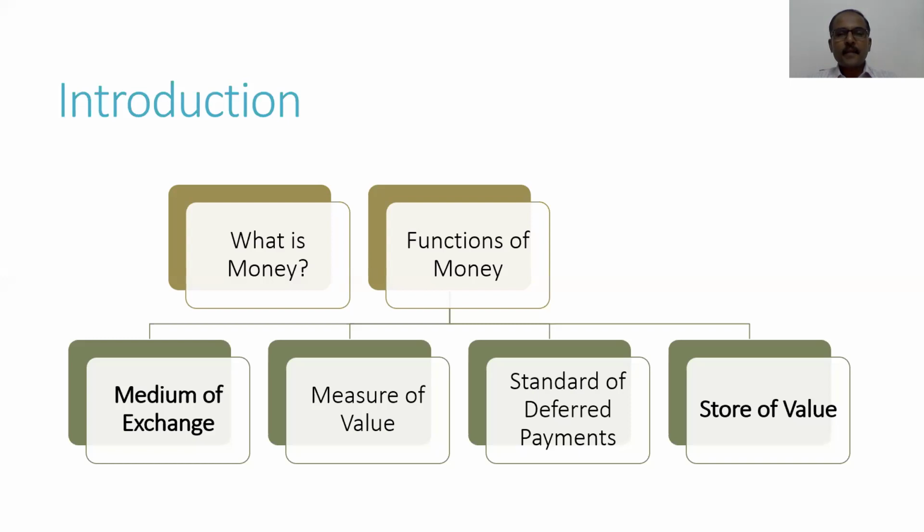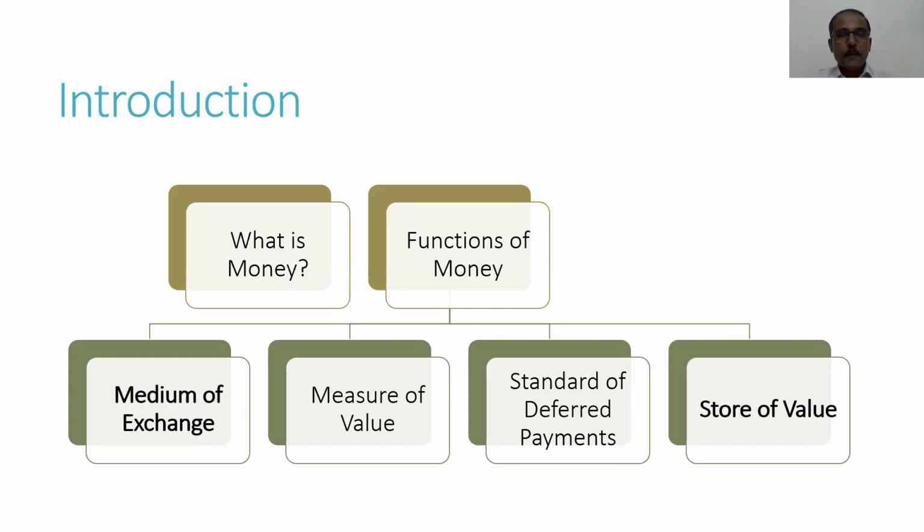It sounds very difficult to understand what exactly this definition means. But friends, let us make it simple. When we say money is what money does, it is presumed that money is anything which performs the role of money. And therefore, we need to throw light on various functions of money.